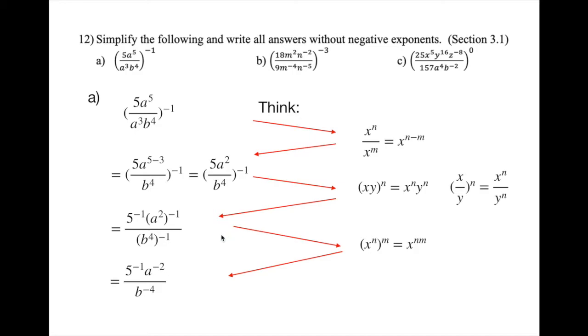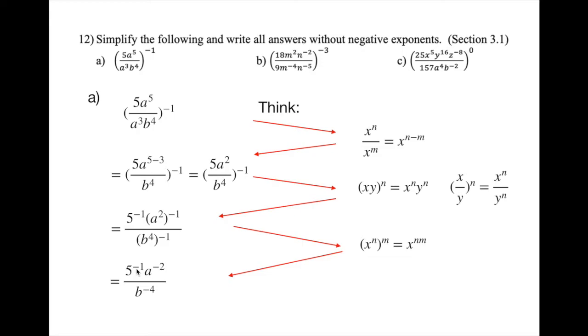So if we use that, this a power will become 2 times negative 1, which is negative 2. And for the b, we use a very similar strategy. Its power will be 4 times negative 1, which is negative 4. And for 5 to the power of negative 1, we just keep that the same here.